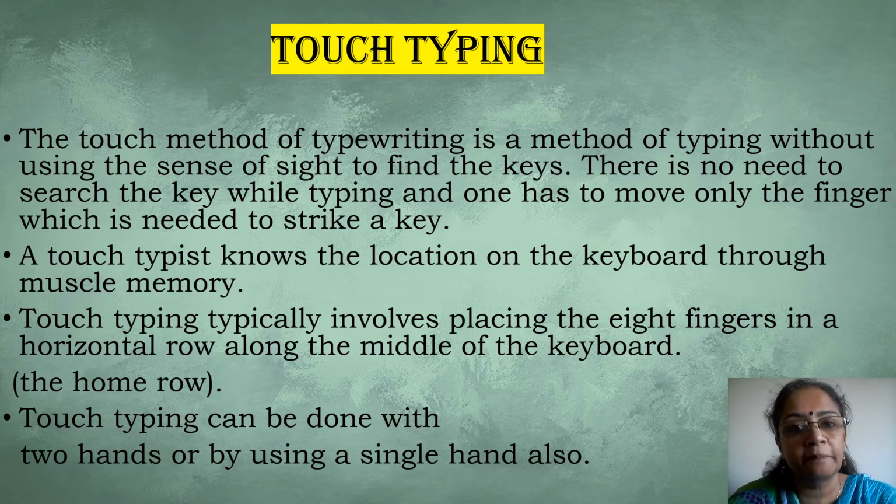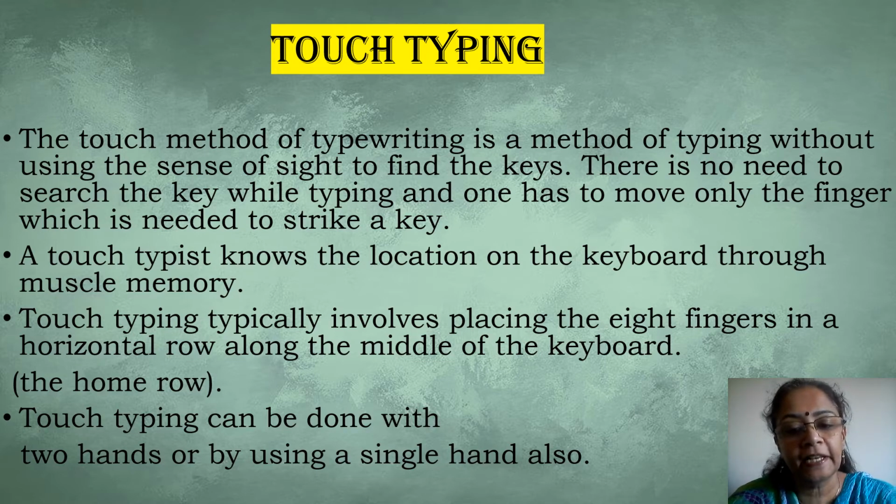So in touch typing, the basic method is that you do not have to actually look at the keyboard while you are typing. With the help of your hand and your memory, you will be able to identify where the keys on the keyboard are, and you will simply use that and type. This is called touch typing. A touch typist knows the exact location of the key on the keyboard through muscle memory.